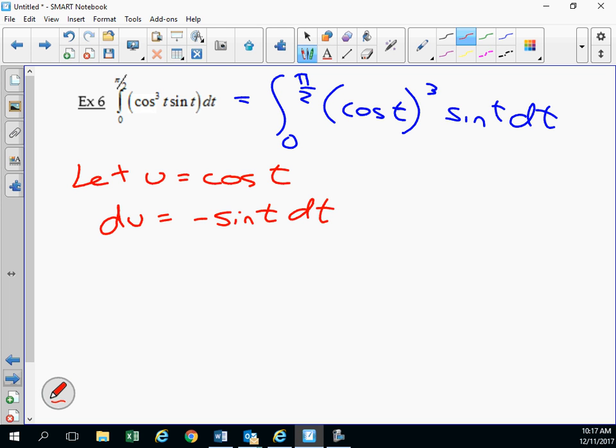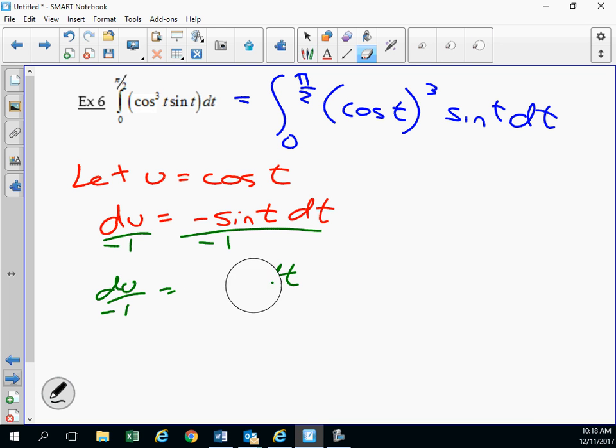Do I have the negative sine t dt? I have sine, so I just need to divide by -1. Brady, what else do I have to do? Am I ready to plug in? Let me ask you that.